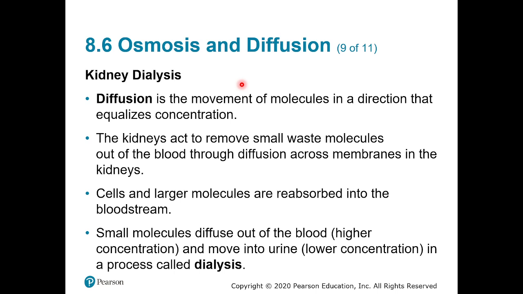Okay? So we're going to build up concentration in one area. So what's going to happen is kidneys are then going to act to remove small waste molecules from the blood. It's going to do this through diffusion across the membranes in the kidney. Cells and larger molecules are going to be reabsorbed into the bloodstream. Small molecules will diffuse out of the blood.